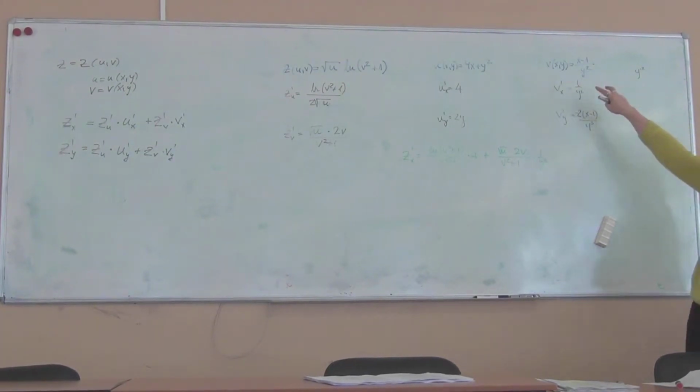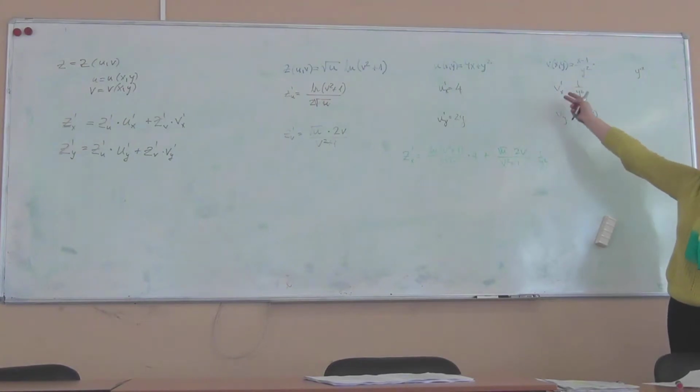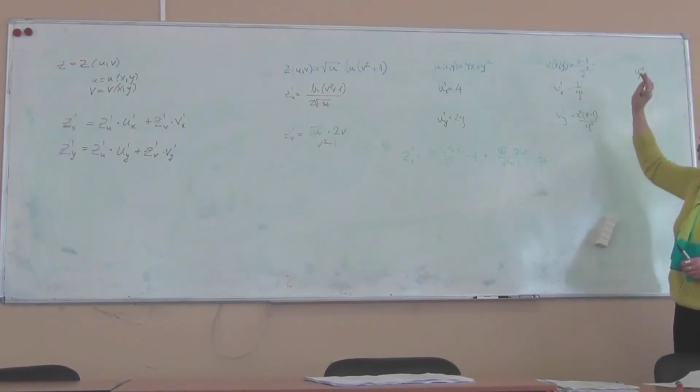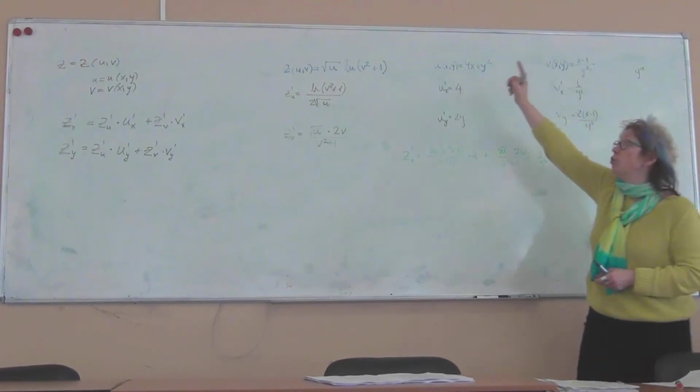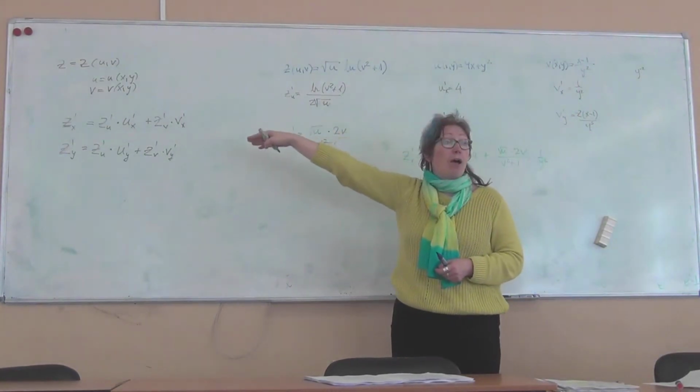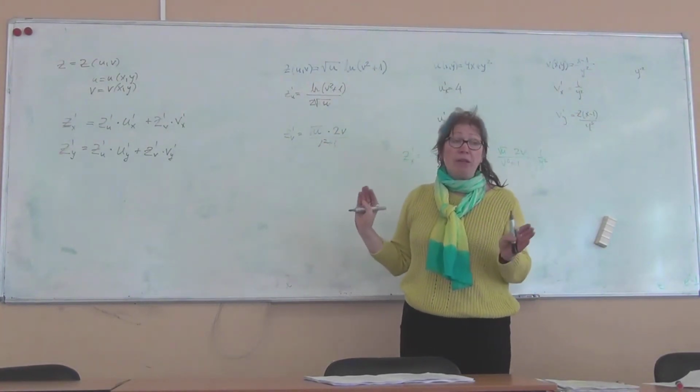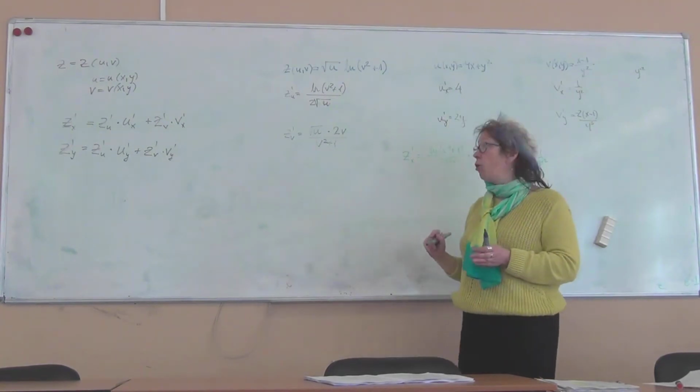So don't try to put V and U into the derivative. Don't try to put V and U into the original function and derive after. That will make things worse. It makes things more difficult.